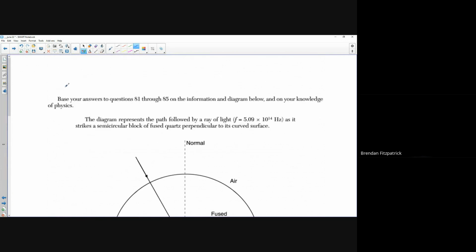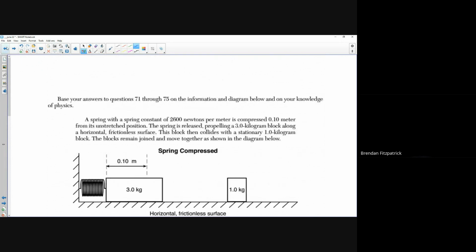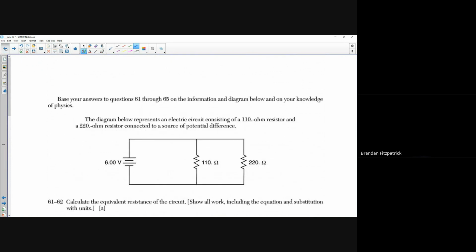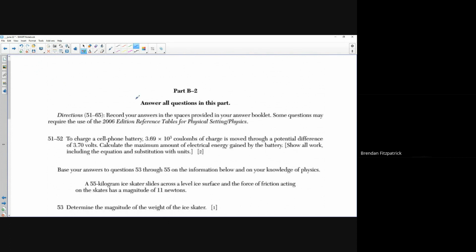Let me just make sure. Yeah, I think I could do all these. I have a protractor. All right, I could do these. All right, let's get to it.